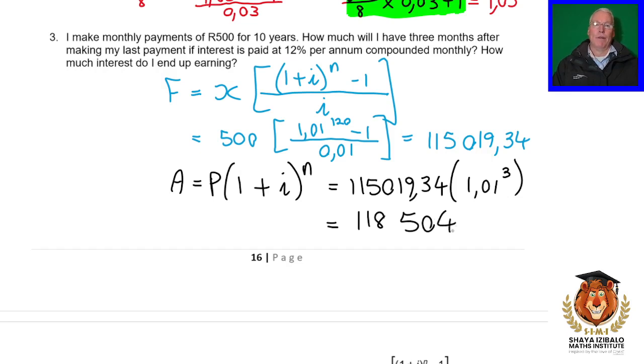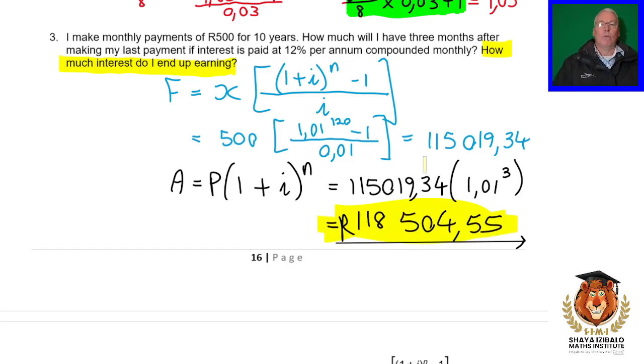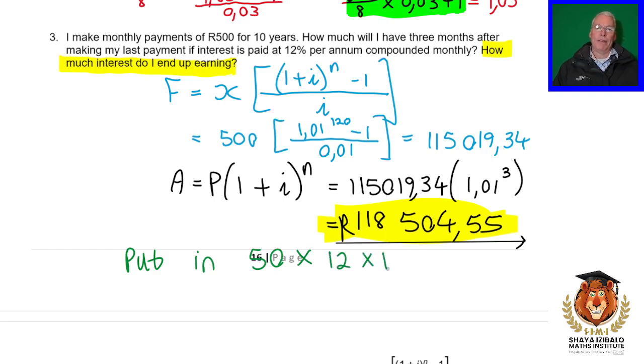Now, remember, good practice, always just read the question, make sure you've answered the whole question. And in fact, we haven't, because the last thing says, how much interest do I end up earning? Well, let's just think about this. This is how much we've ended up with. Let's think about how much money we've put in. We've contributed 500 times 12 payments per year times 10 years.